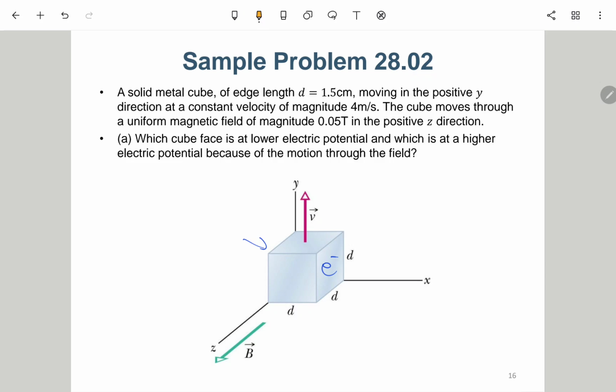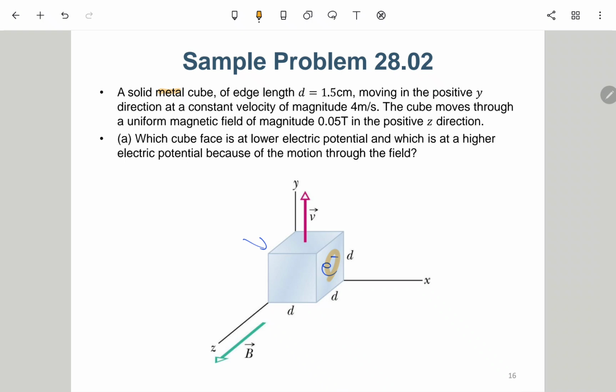Yeah, a metal cube. Okay, there will be free electrons. So if we move this cube, it is equivalent to a moving charge. Okay, so there will be Lorentz force, and if there is Lorentz force, then there will be Hall effect.